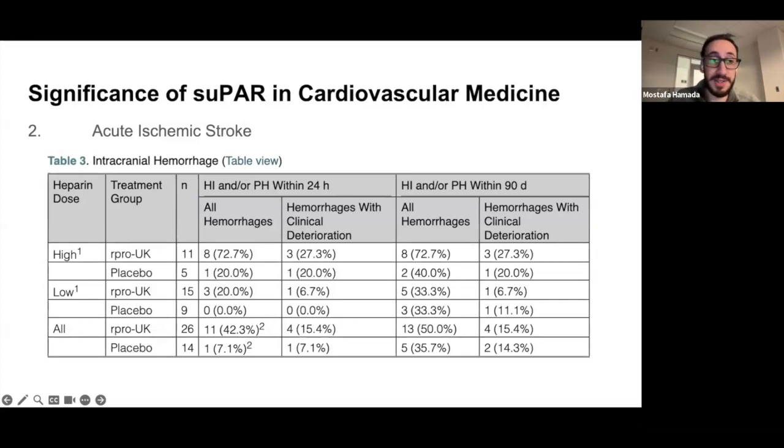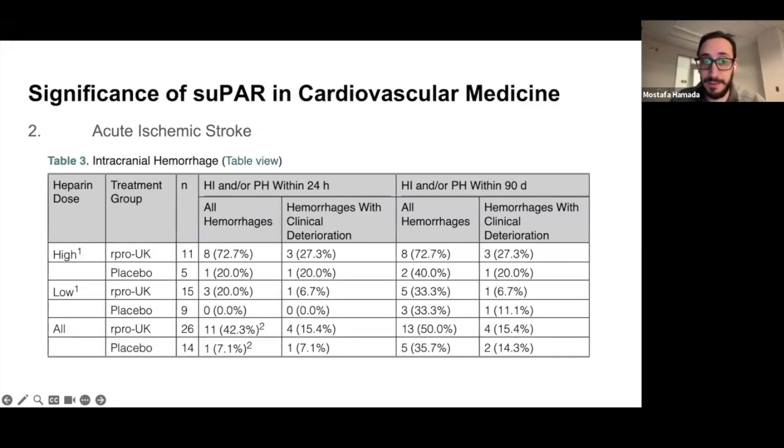Another aspect of cardiovascular medicine is acute ischemic stroke, and here there have been many extensive trials that have looked at uPAR as a potential therapy for acute strokes. Here we can see suPAR being used as a diagnostic indicator for unstable disease progression, specifically in hemorrhagic stroke as well as ischemic stroke.